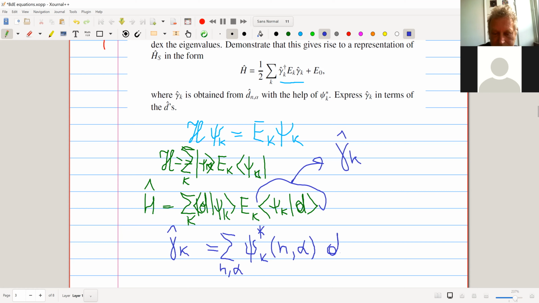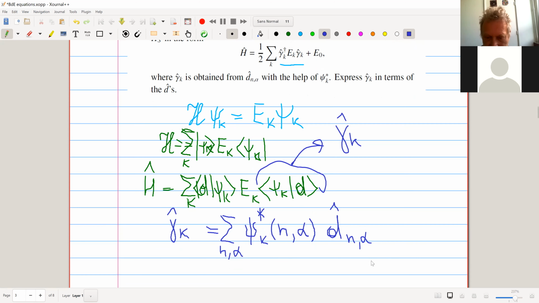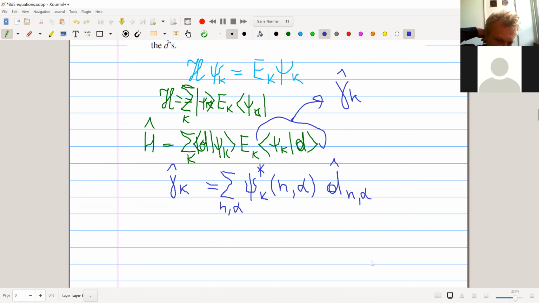And here I have this. Now this alpha can be electron and hole, so that I can rewrite it as follows. Gamma k is supposed to be the annihilation operator of a quasi-particle. So first I write terms with holes, with electrons.